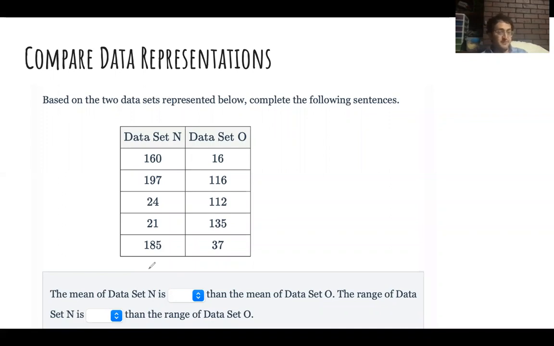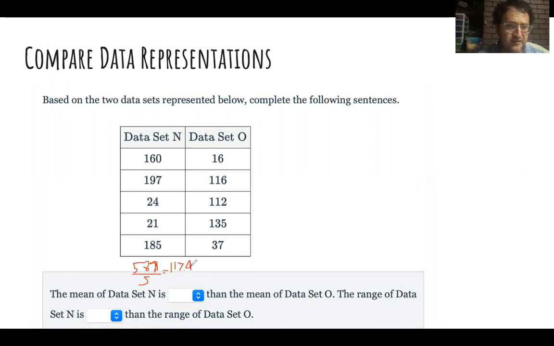So I'm just going to add up all my things in N. I just have my calculator right now on my cell phone. You could just use your Delta Math calculator as well. So I have 587 for my total divided by 5, making our mean 117.4.